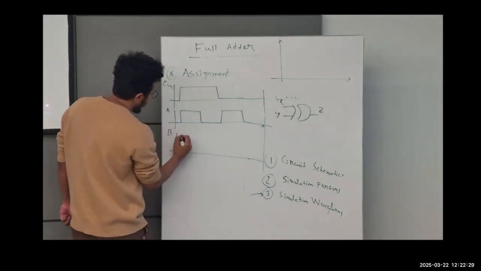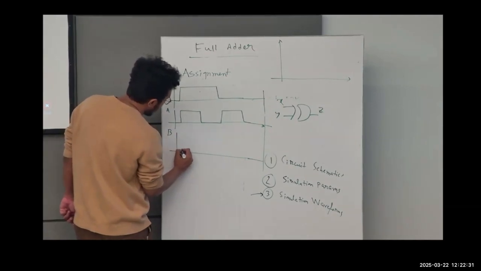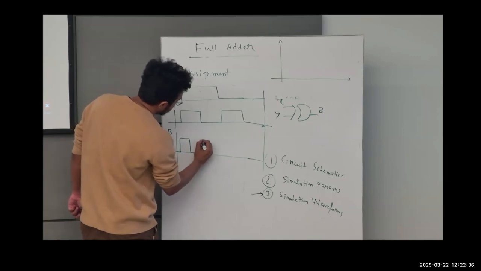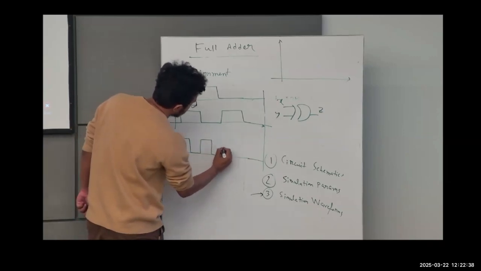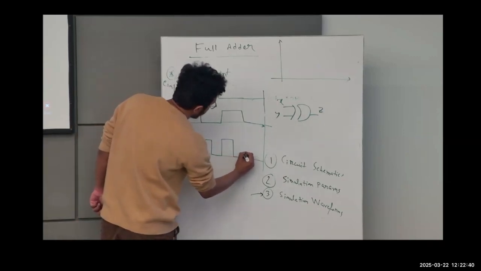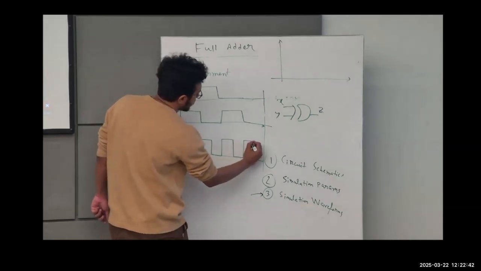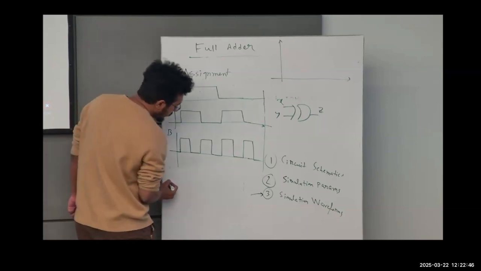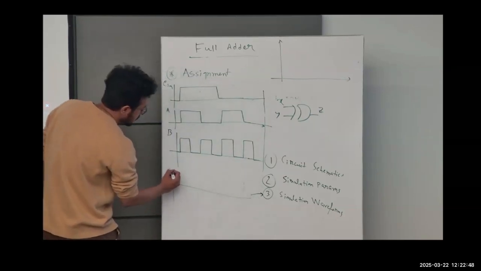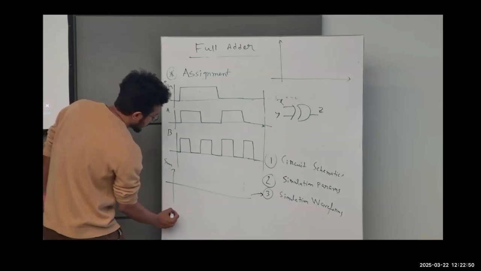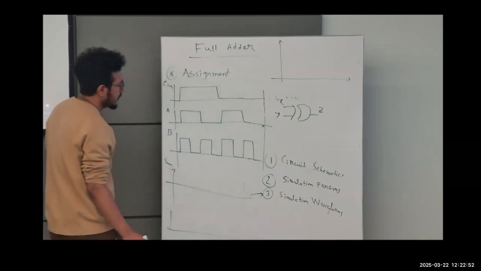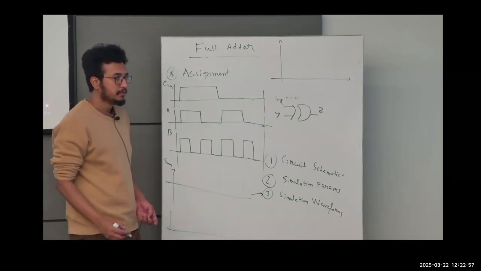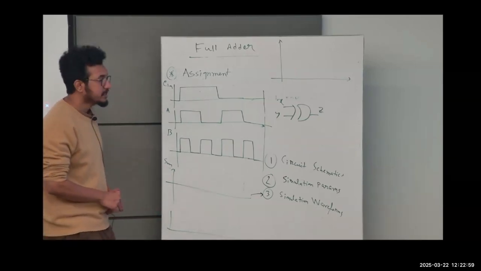Then in the output, you have 2 outputs, sum and carry. You will now have all the possible input combinations. So these are the 2 assignments.